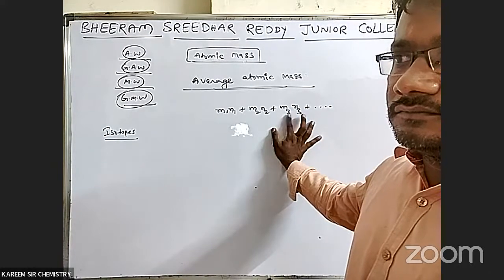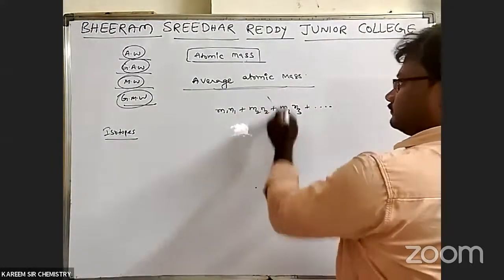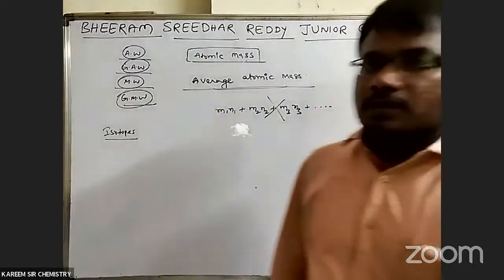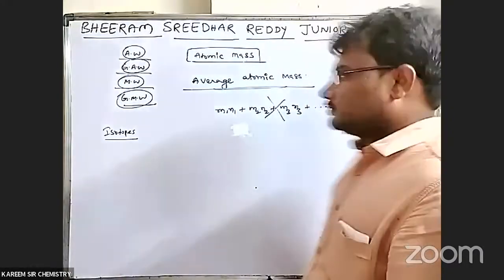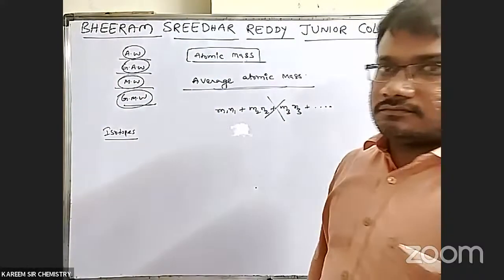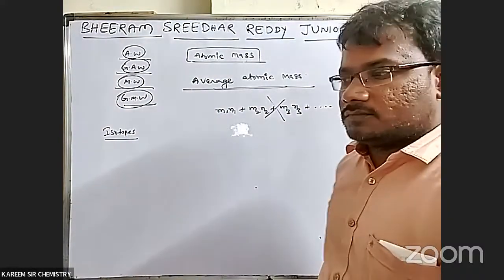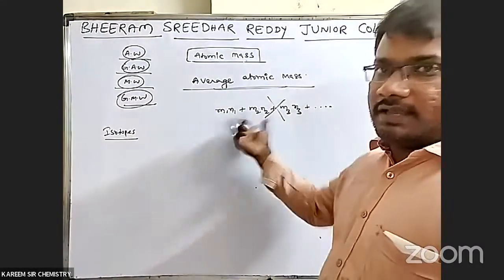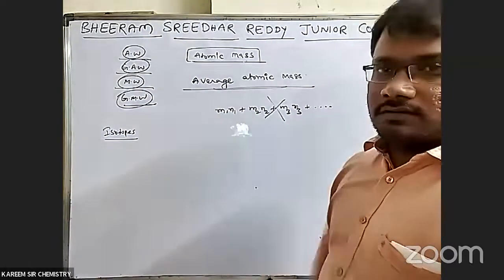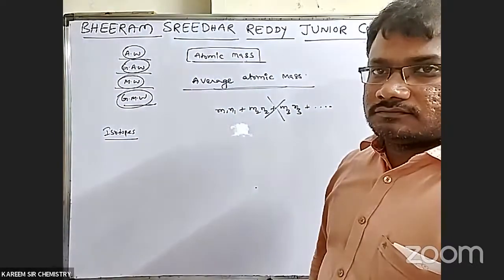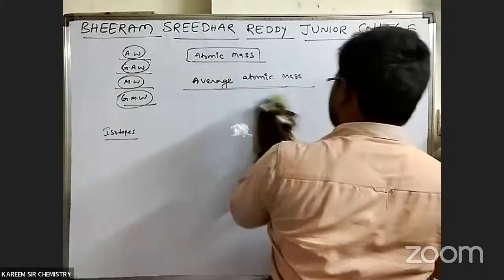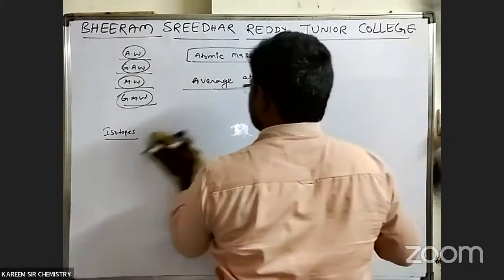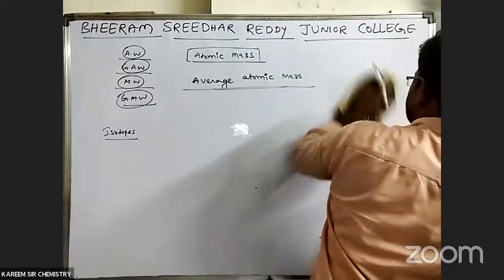What is the M1 here? What is the N1 here? Do you know what M1, N1 are? Right. Leave it. Atomic mass is the mass of protons plus mass of neutrons plus mass of electrons.